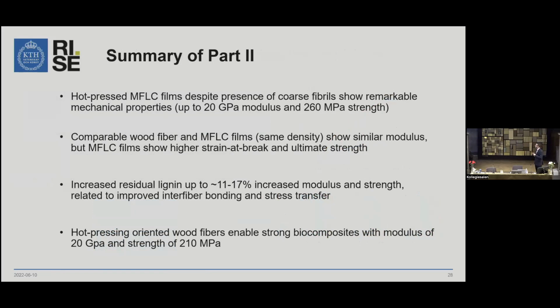The comparable wood fiber and MFLC films with the same density showed a similar modulus, but the MFLC film showed higher strain at break and ultimate strength due to a smaller defect size, and increased residual lignin content up to about 11 to 17% increased the modulus and strength related to improved interfiber bonding and stress transfer.